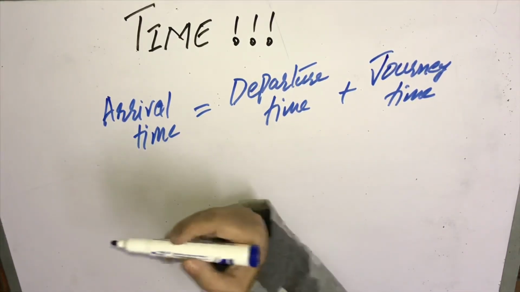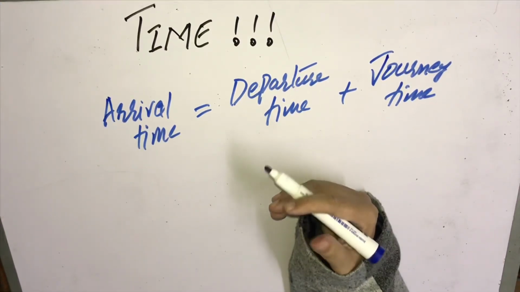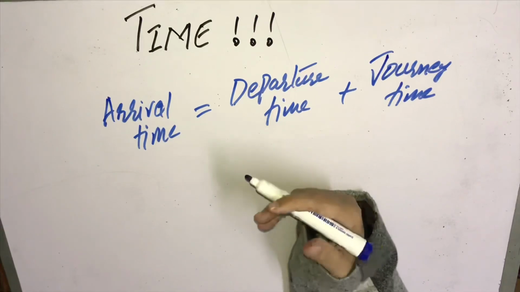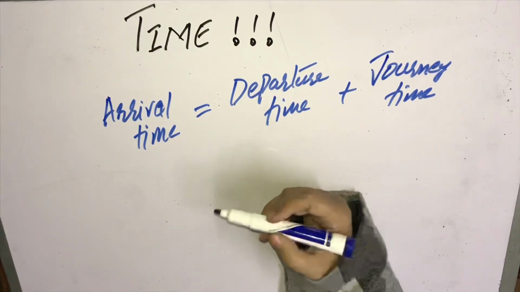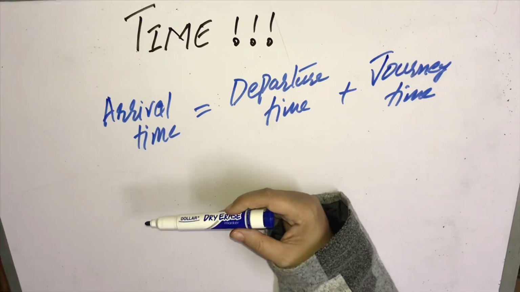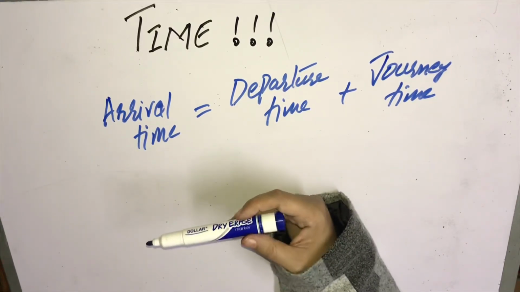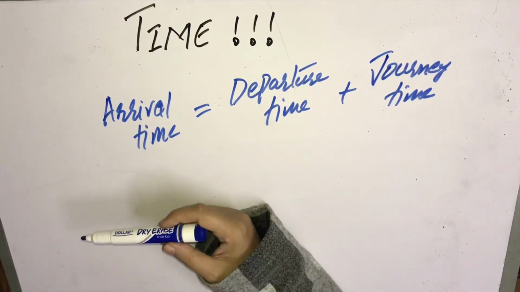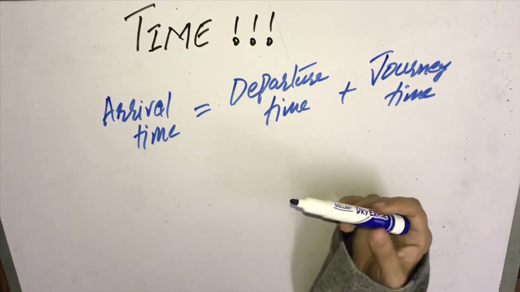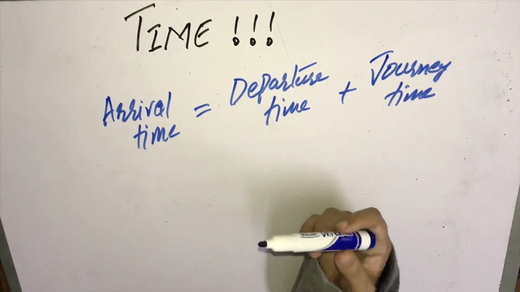Number 3, when you are borrowing 1 hour, it will become 60 minutes on the other side. And when you are converting minutes into hours, when you subtract 60, 1 hour will be added on the other side. The last thing which is very important, if you are subtracting 1 day, 24 hours, you will arrive next day.